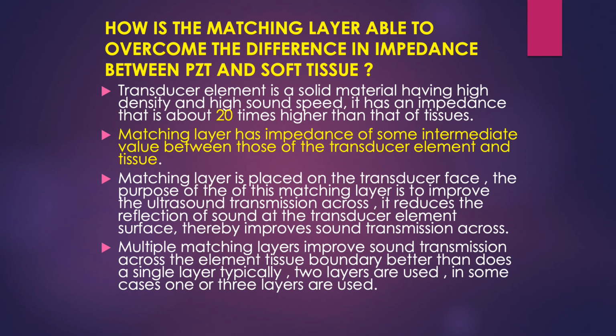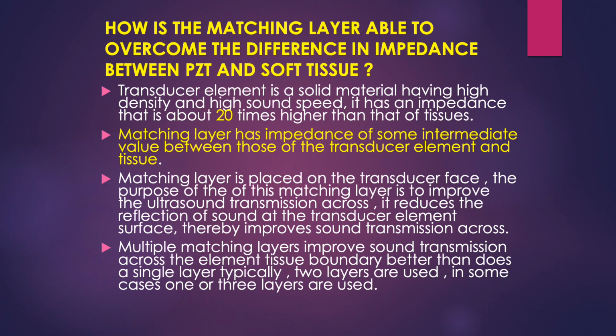How is the matching layer able to overcome the difference in acoustic impedance between PZT and soft tissue? Okay, the transducer element is a solid material that has high density and high sound speed, and it has an impedance that's 20 times higher than that of soft tissue. We have a great difference in acoustic impedance between PZT and soft tissue.